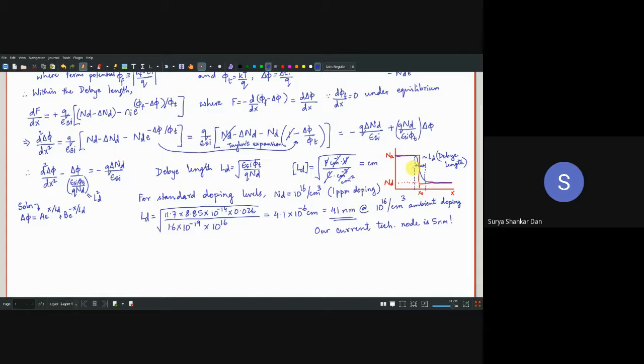Okay. Now our current technology is 5 nanometers. If you have understood well, I recommend that you open up your microphones and tell me what is the consequence of this LD if we are using this amount of doping concentration in a 5 nanometer technology node.